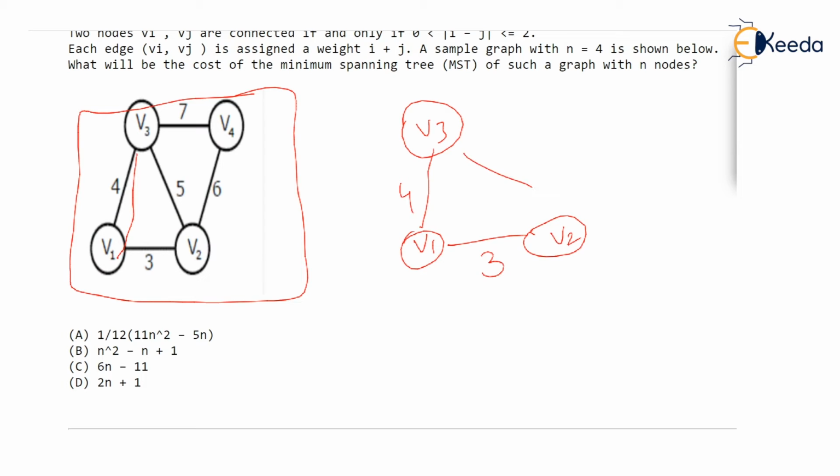So you went for the next minimum, which is 6, correct? That means V3 and V4 are not directly connected in our tree. And now if the question asked was, what is the cost of the path from V3 to V4? You will say it is 4 plus 3, 7 plus 6, which is 13.